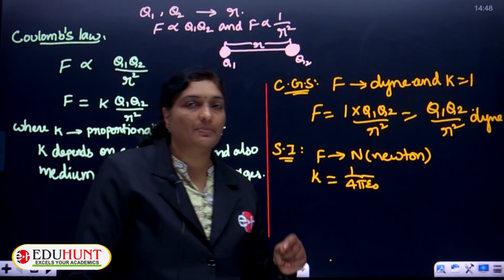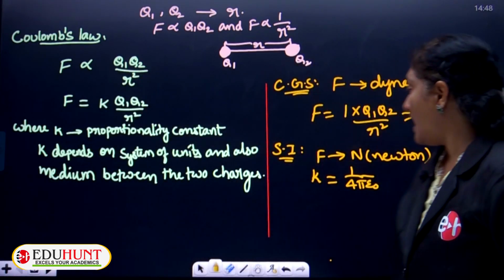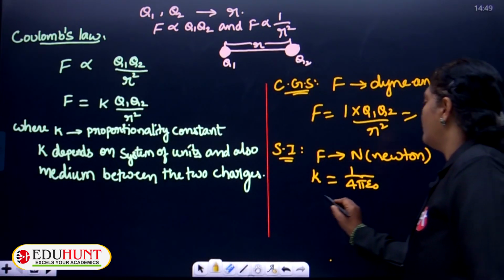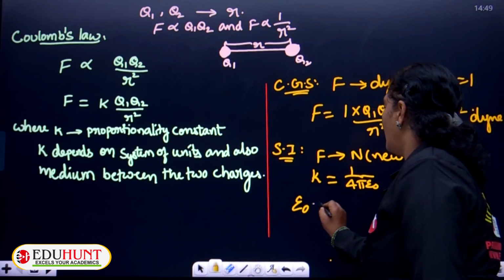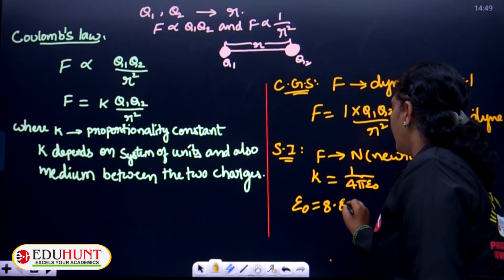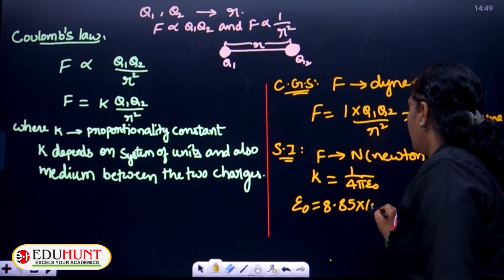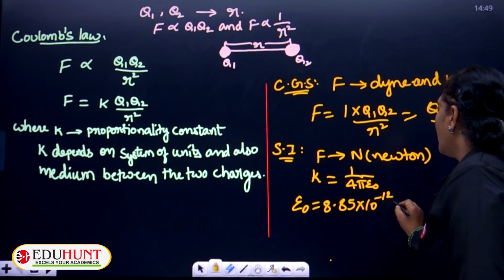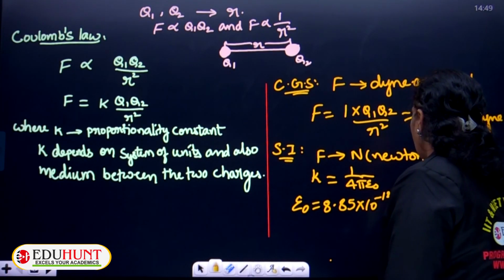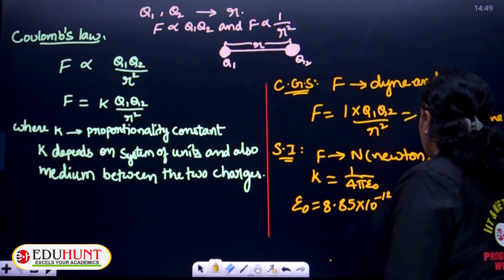The value of epsilon naught is 8.85 into 10 power minus 12 Coulomb square per Newton meter square.